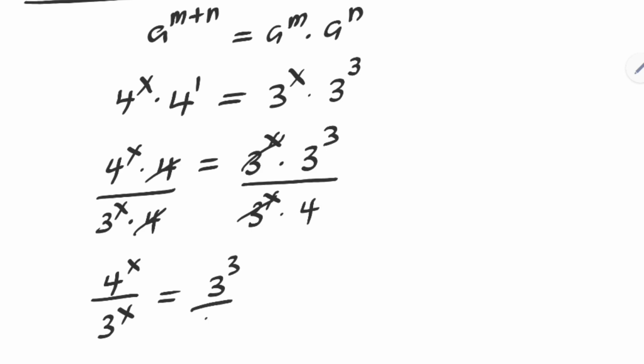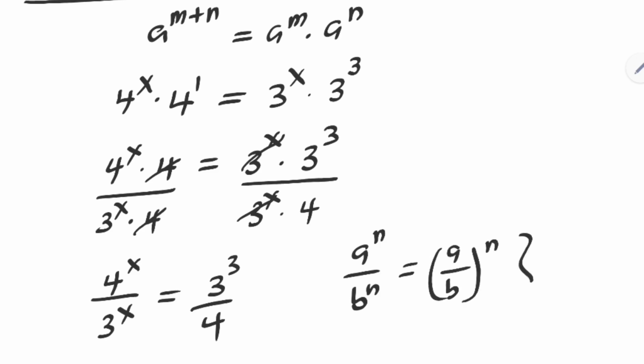Take note of this, that if you have a raised to power n over b raised to power n, this is equal to a over b all raised to the power of n.